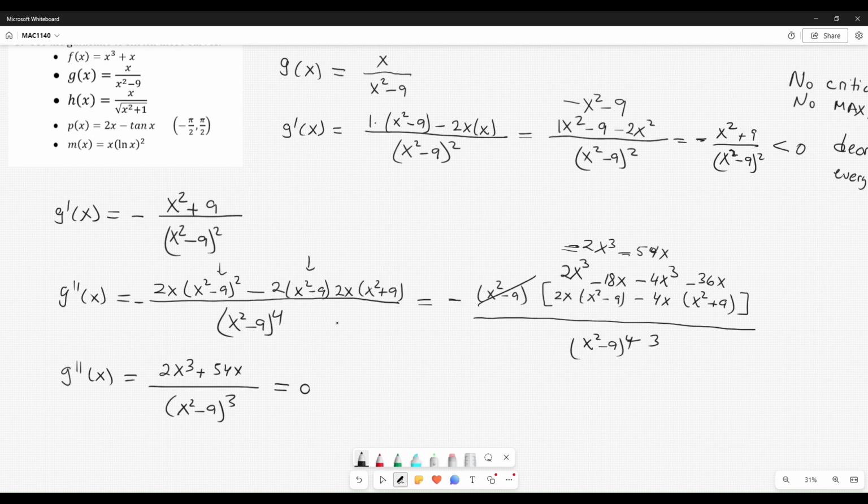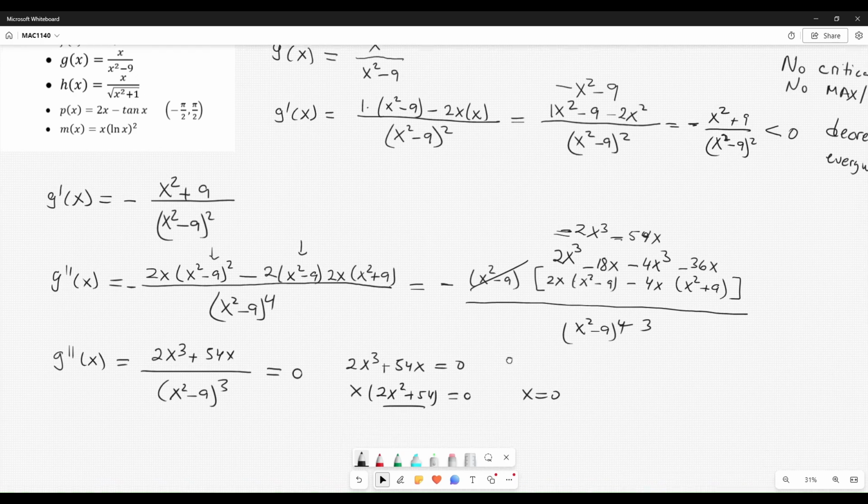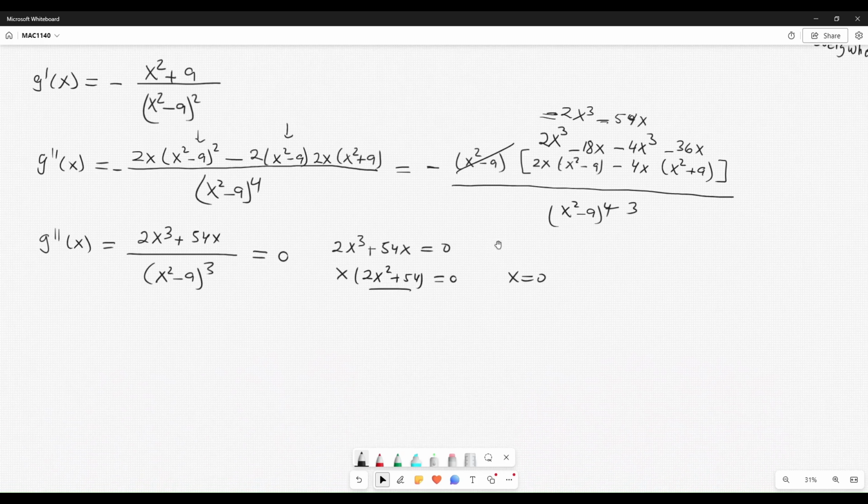The only solution: you take the numerator 2x cubed plus 54x, factor x out, 2x squared plus 54 equals 0. One solution is 0 and the other solution is complex. x equals 0 is my potential inflection point.